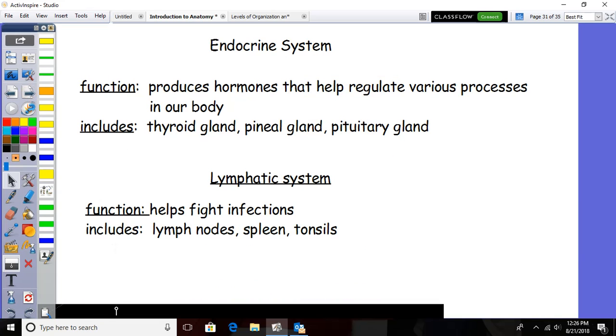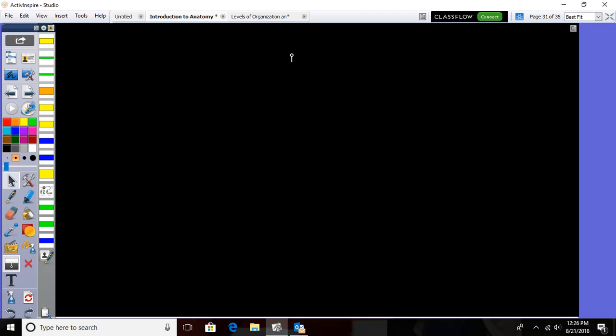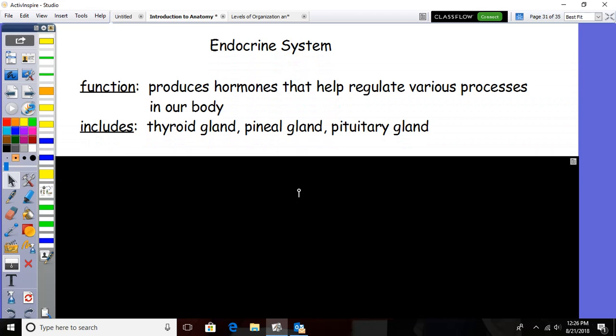Okay, the last two I didn't include a picture for. These are ones we don't talk about quite as much. First is the endocrine system. The big thing that you want to associate with the endocrine system are hormones, okay?